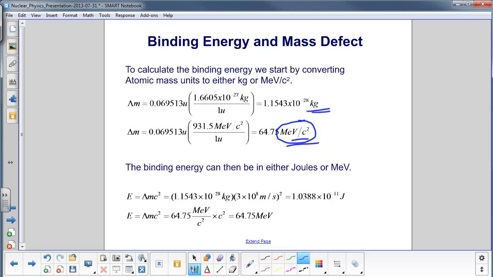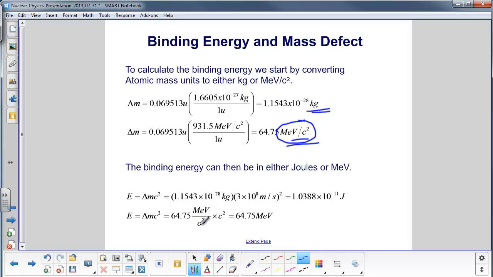We then find the binding energy from Einstein's formula, E equals mc squared. So we substitute in, if we want to find the energy in joules, we use the mass in kilograms times the speed of light squared, and we get 1.0388 times 10 to the minus 11th joules. If we want it in MeV, we take this mass defect, and you can see the math is quite a bit easier.